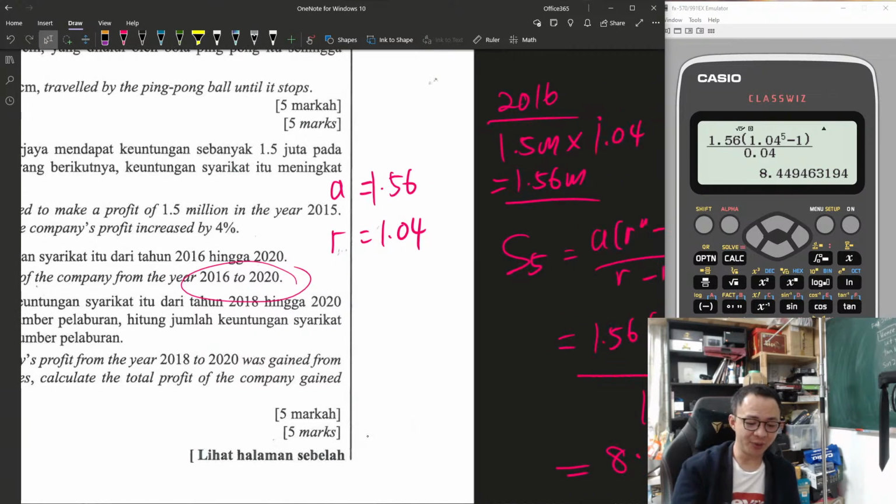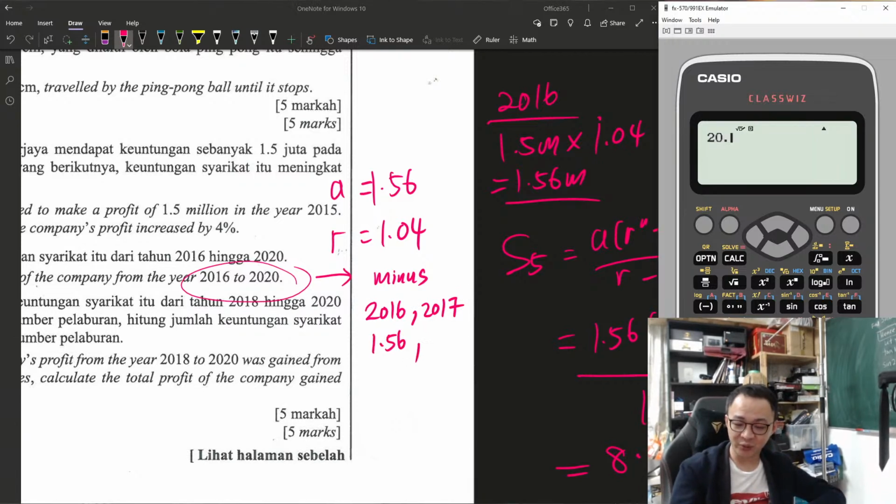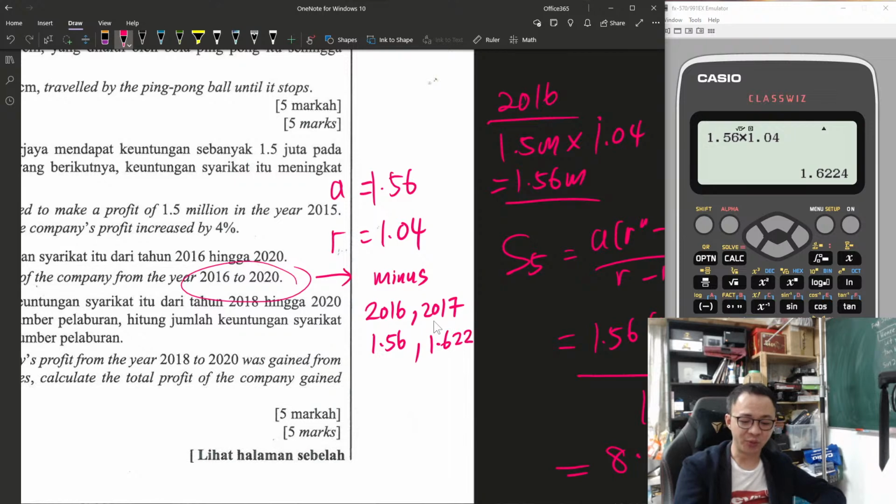Because this is still within 2016 to 2020, I just use this answer and minus 2016 and 2017. 2016 we already have, the value is 1.56. 2017 is 1.56 times 1.04.